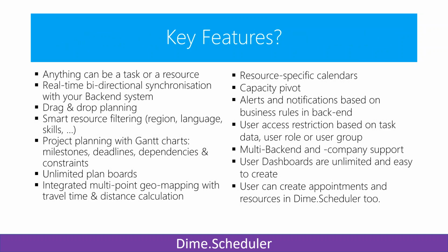Key features, yeah, it's only a few of them. I could add maybe five times this list of points, but I think these are the most important things. With Dime.Scheduler, you can plan anything; anything can be a task or a resource. We have a task and we have resources which have to do this task.